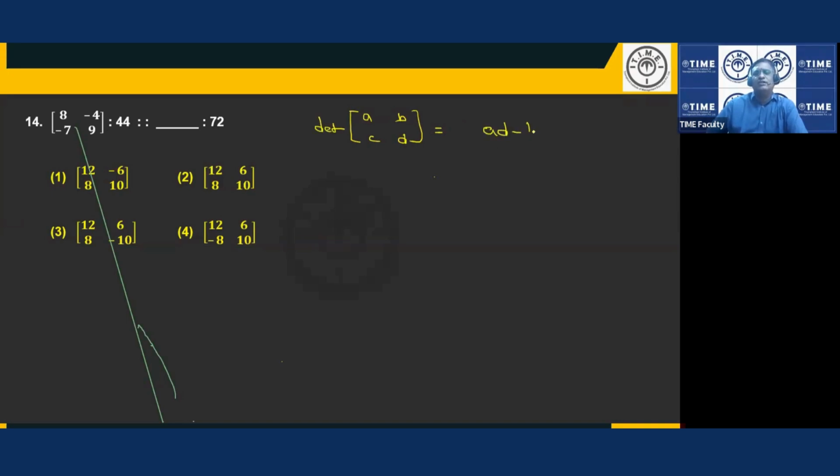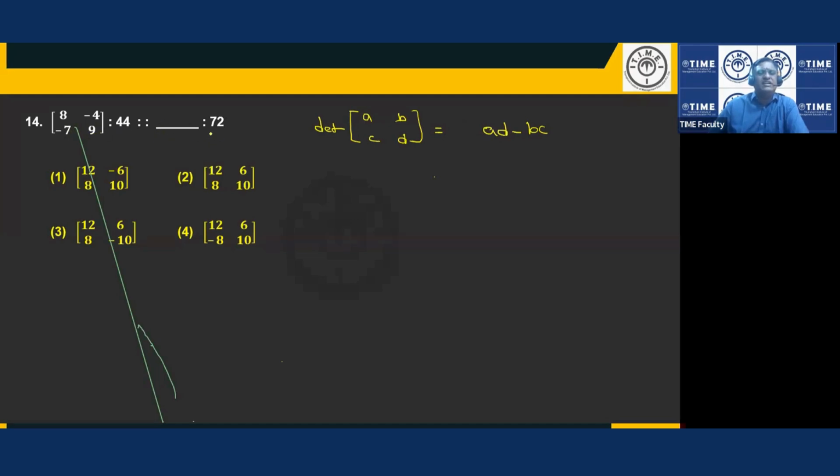AD minus BC. This is the det formula. AD minus BC. Yes, Lokesh has posted. Good, nice. See, det of 8 minus 4 minus 7 9 is equal to 44.